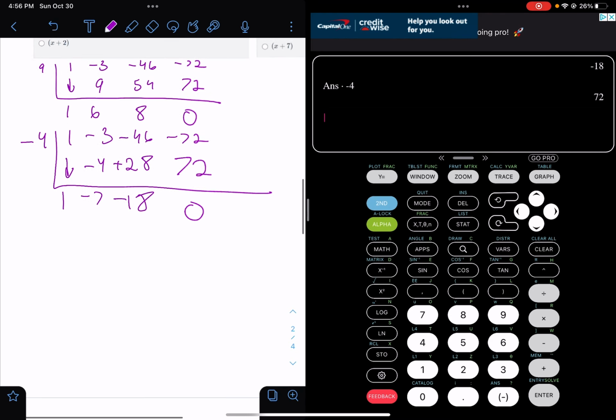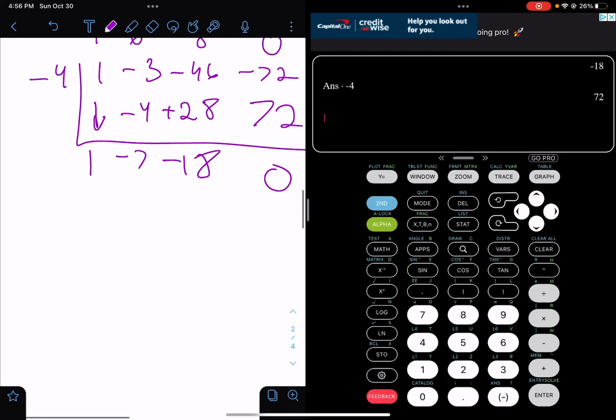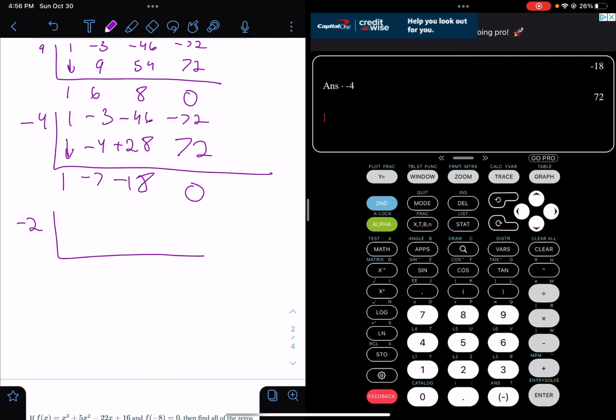Then let's try our last one. We've got a +2, so that means we got to do a -2 here. And we're going to do 1, -3, -46, -72. Drag the 1 down. -2, -5, positive 10, -36. We get 72.